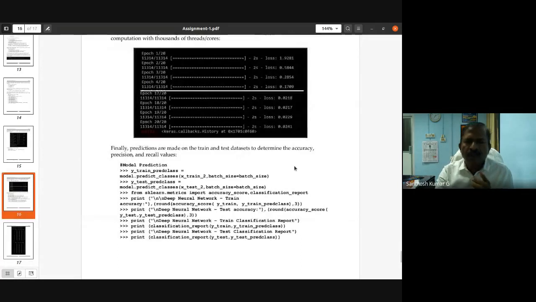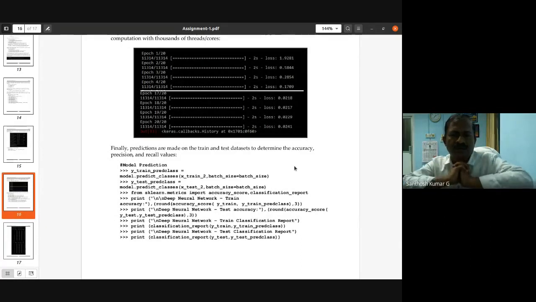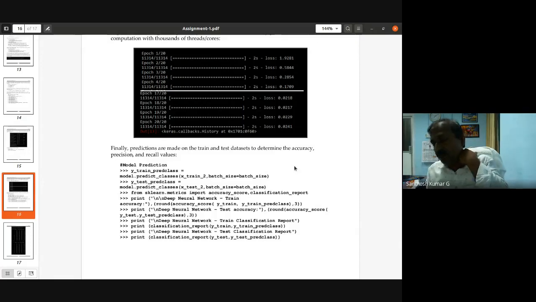So this is a typical exercise in NLP, and most of the problems that we are going to address will be similar to this, right?